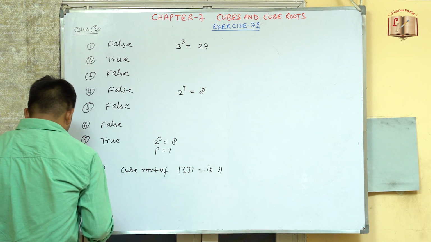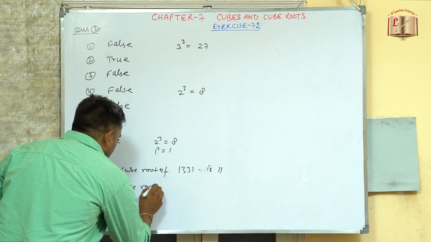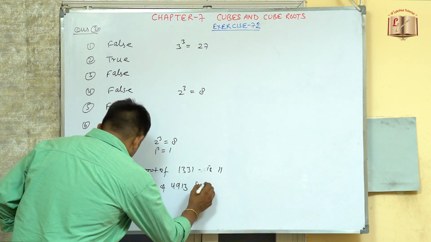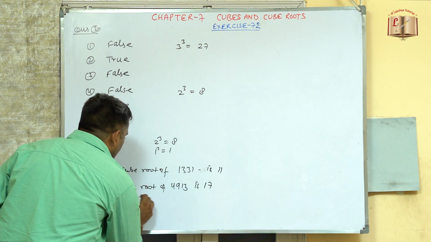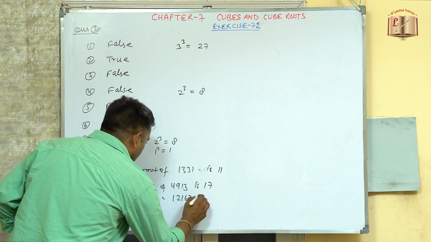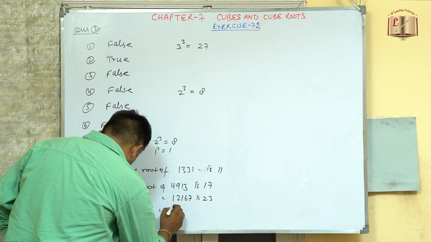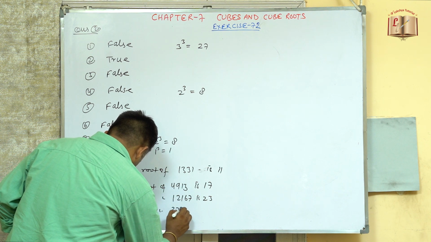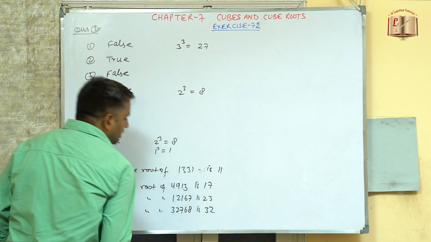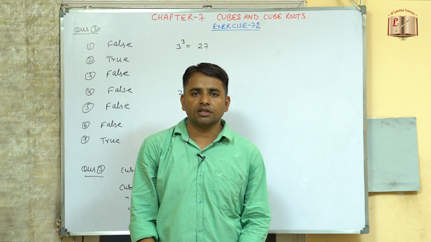Similarly, the cube root of 4913 is 17, the cube root of 12167 is 23, and the cube root of 32768 is 32. So with this we have finished our chapter, cubes and cube roots.